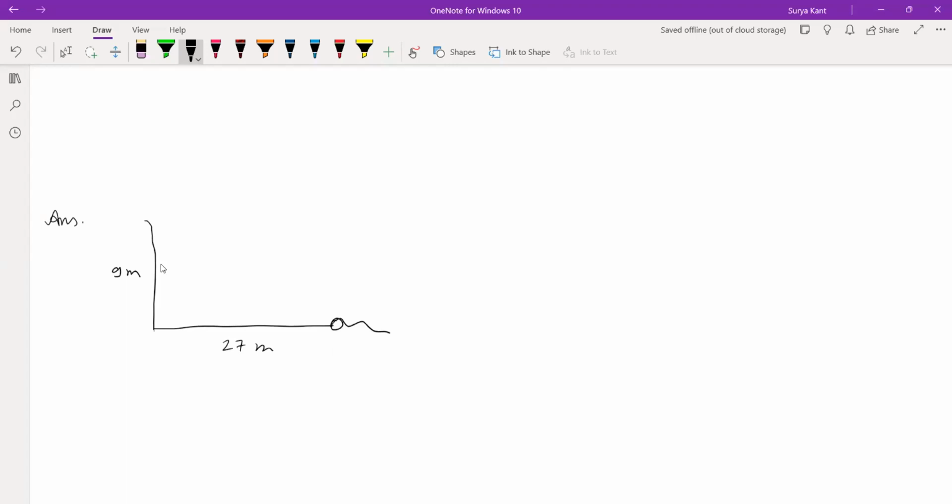So this is the hole over here. This is the snake. This is the pillar bottom, that is your hole, and the snake is coming from 27 meters away.